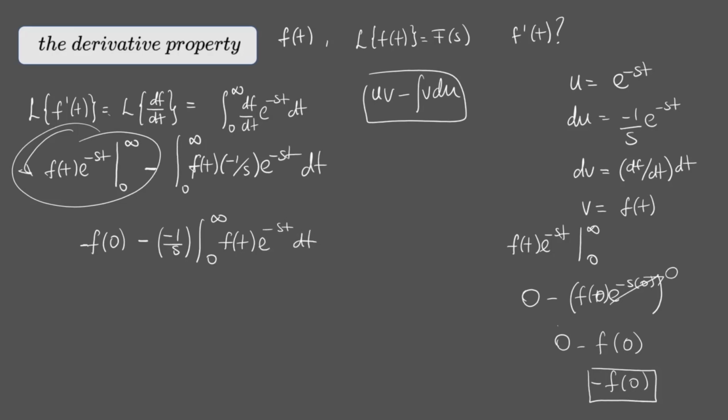Does this look familiar? It should, because what you have here is the Laplace transform of f of t, which is crazy because we got there from just integrating by parts. This minus is going to cancel out, so we have minus f of 0 plus 1 over s.